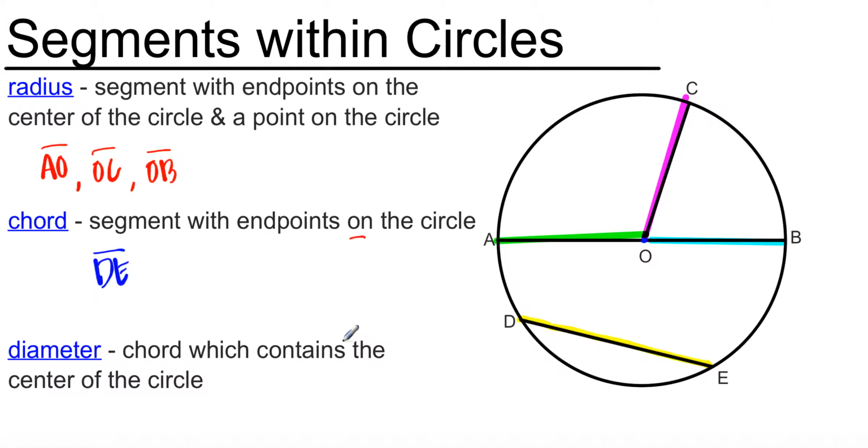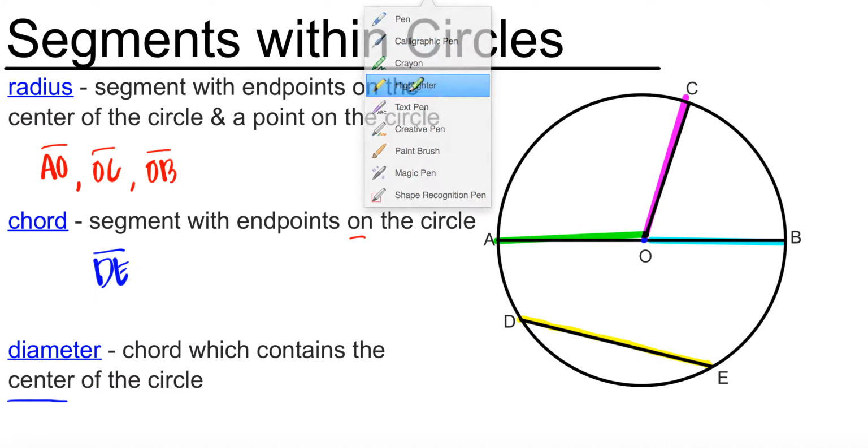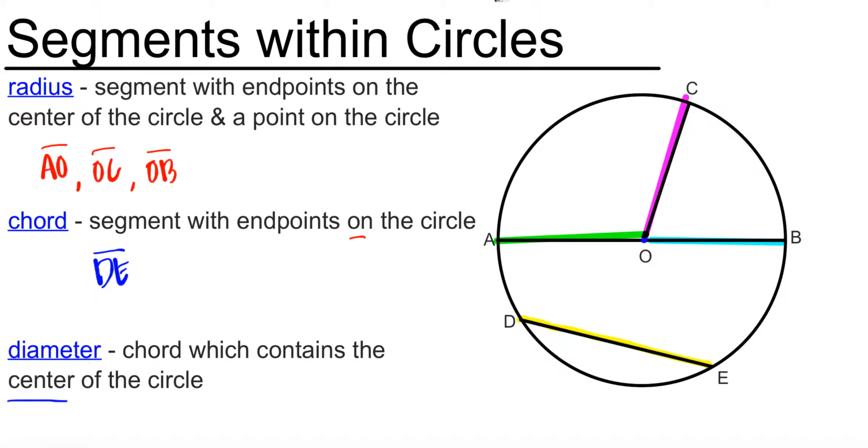But lastly, we need to look at the diameter. And the diameter is the chord which contains the center. So the diameter is a special type of chord, and you may not think about it like that, but it is. And I'm running out of colors, so what if I just go back to this blue color? That whole segment AB, that whole thing is a diameter.